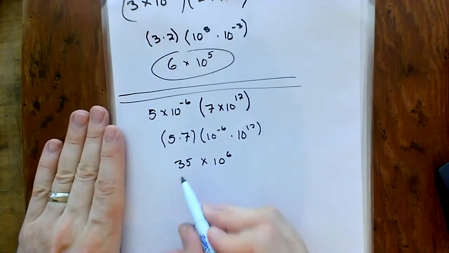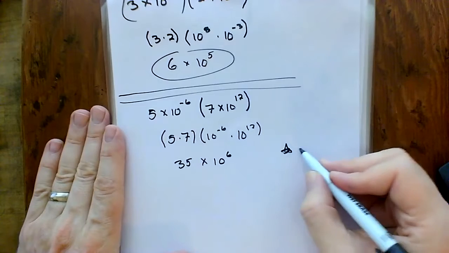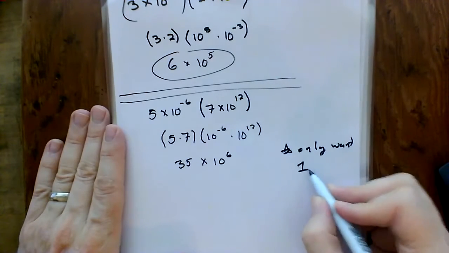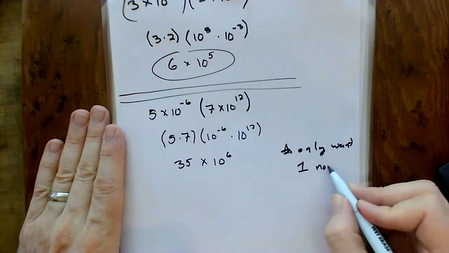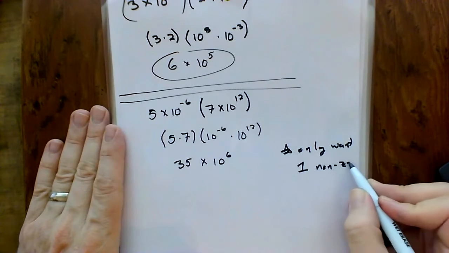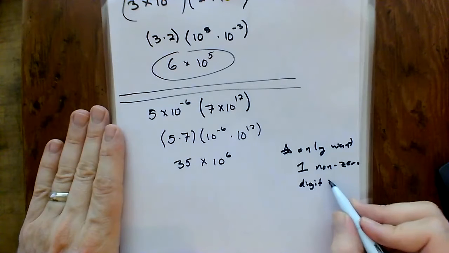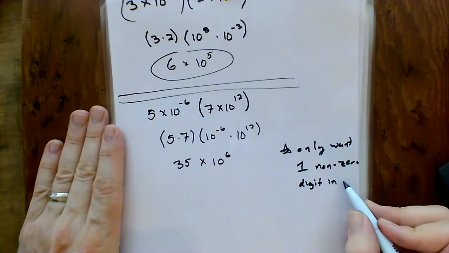Now, we only want one non-zero digit in front of the decimal point.